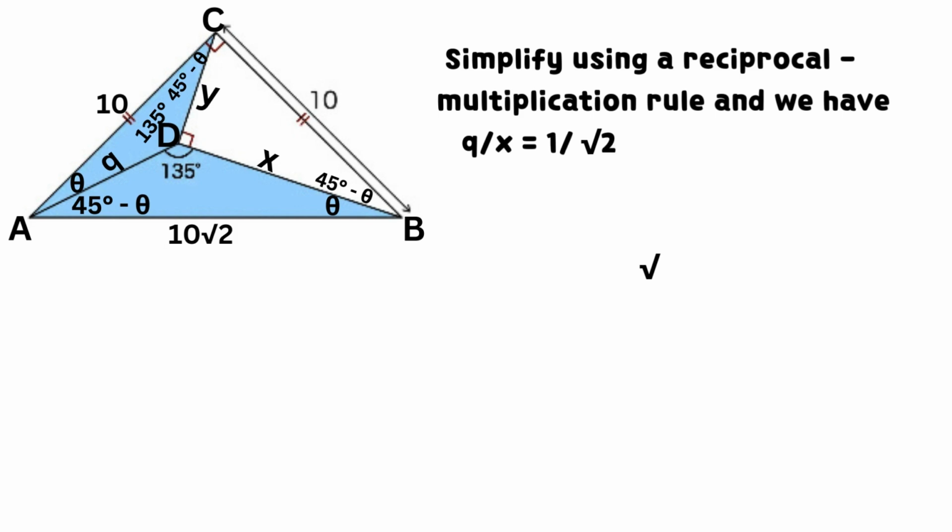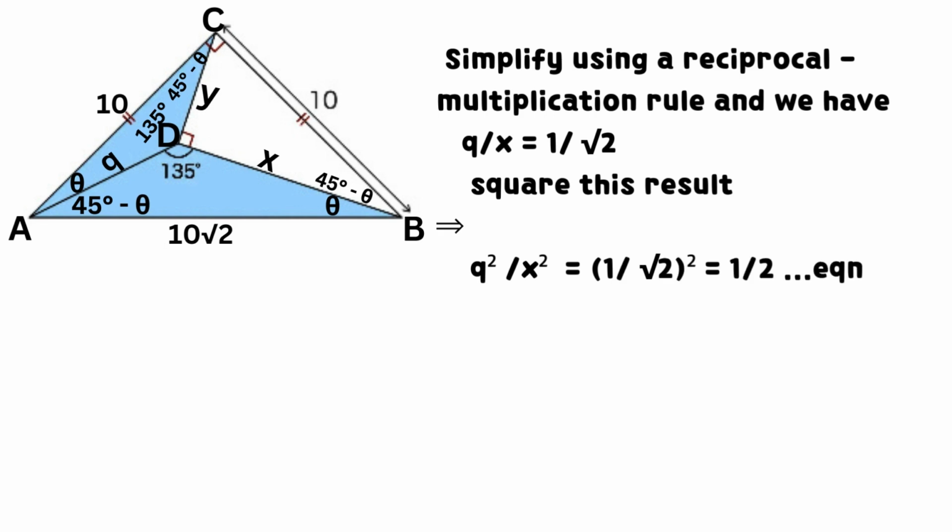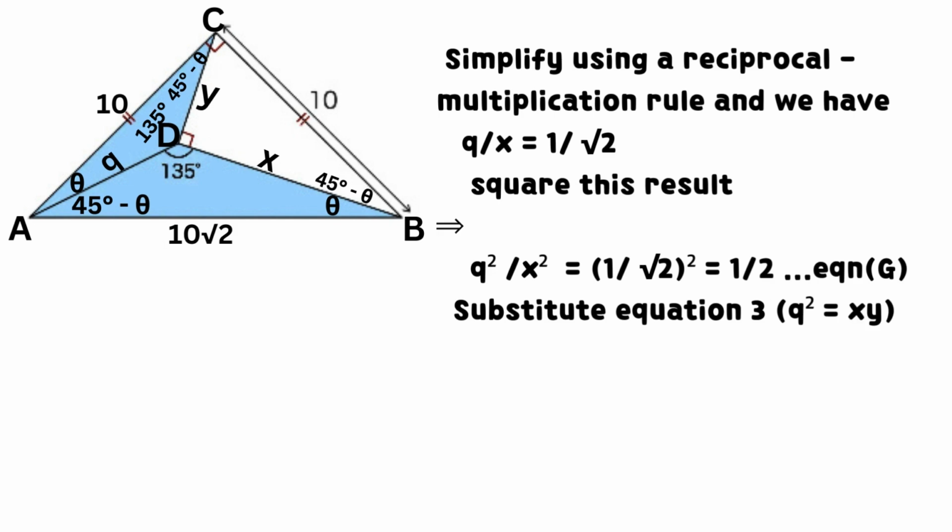Simplify using a reciprocal multiplication rule and we have that q divided by x equals 1 divided by the square root of 2. Square this result and we have that the square of q divided by the square of x equals the square of 1 divided by the square root of 2, which equals half. We call it equation G.